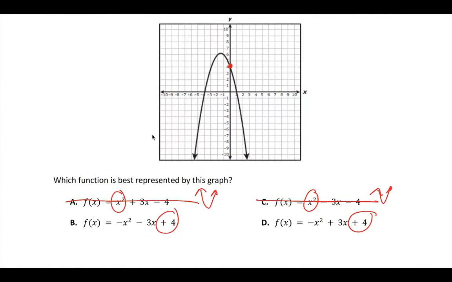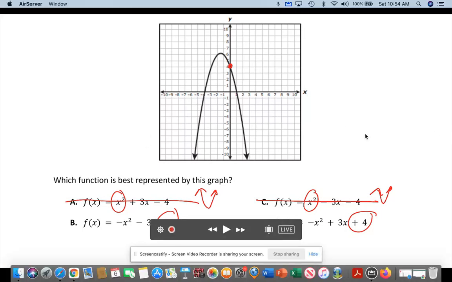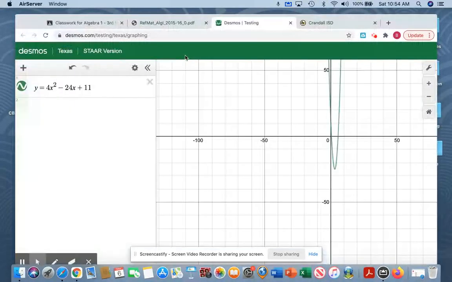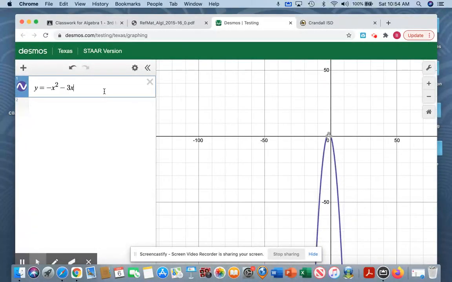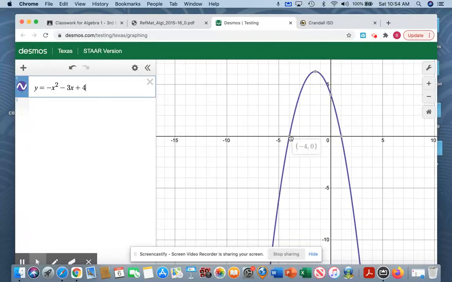Next, you could either solve, or since we're down to 2, I would probably just graph these and see which one looks like the picture. So I've got y equals negative x squared minus 3x plus 4. If I look at the x-intercepts, this one is at negative 4 and 1.